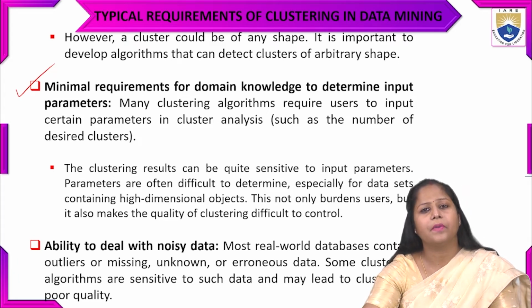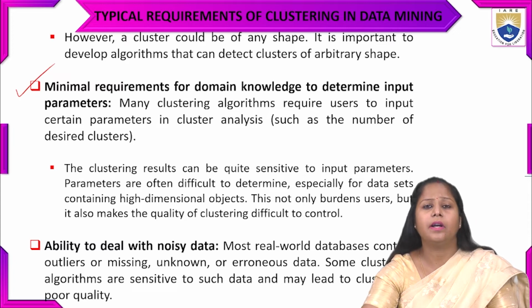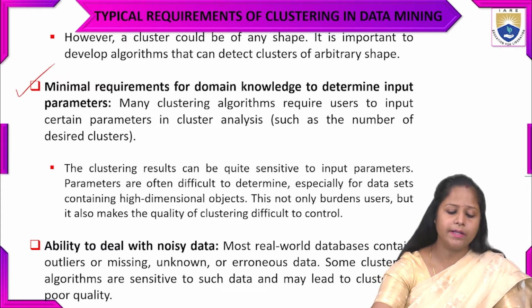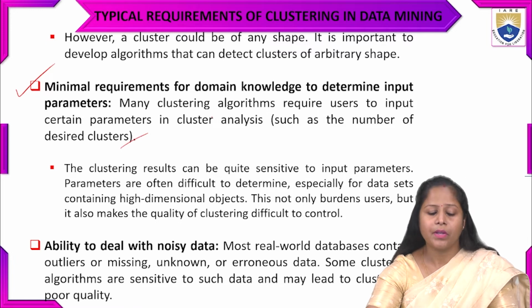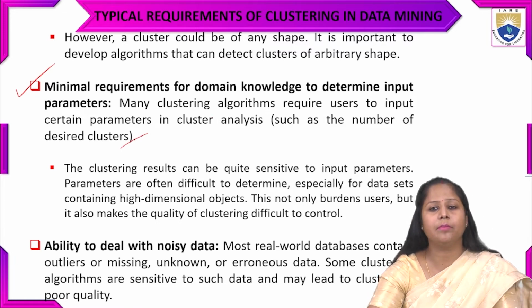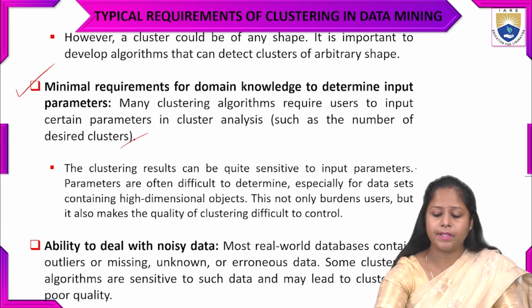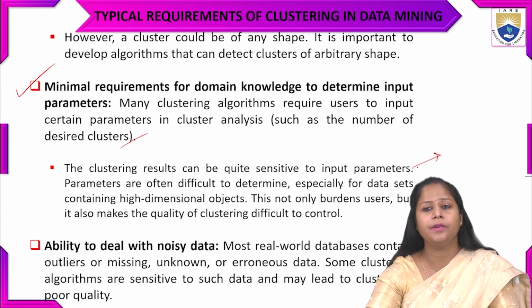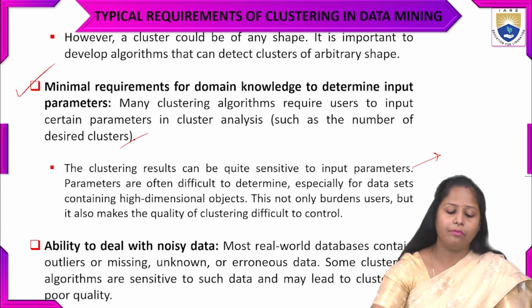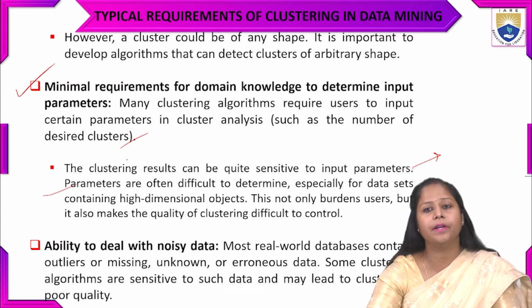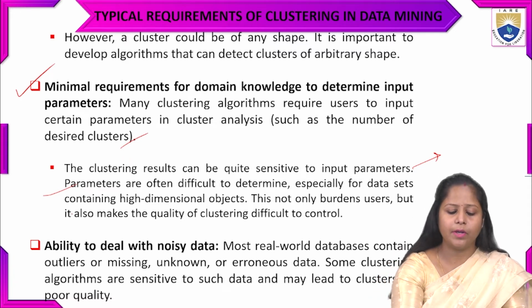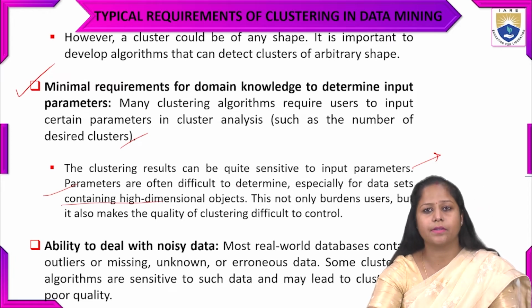These are the inputs on which we do the cluster analysis, such as the number of desired clusters. The clustering results can be quite sensitive to input parameters, sometimes very sensitive. Why? Because parameters are often difficult to determine, especially for data sets containing high dimensional objects.